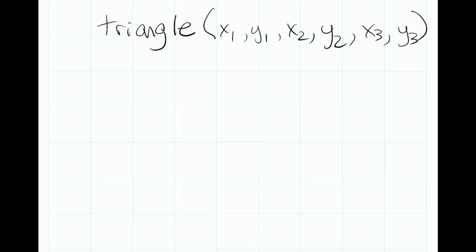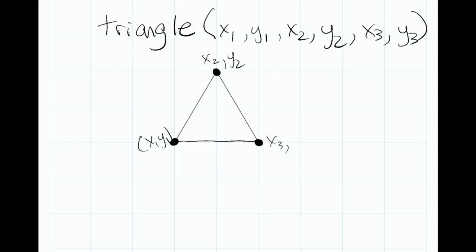So then we would have in here 1, 2, 3 points, which we would have lines coming between them. Something like that. And it would be x1, y1, x2, y2, and x3, y3. They are all attached to one another.